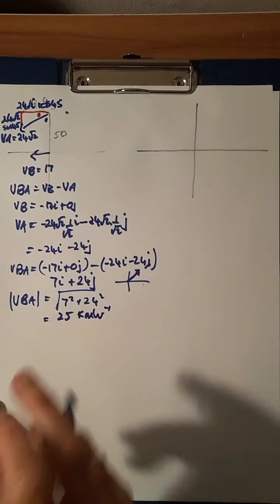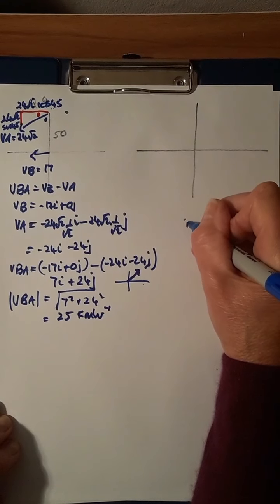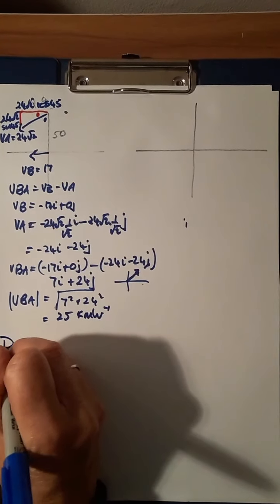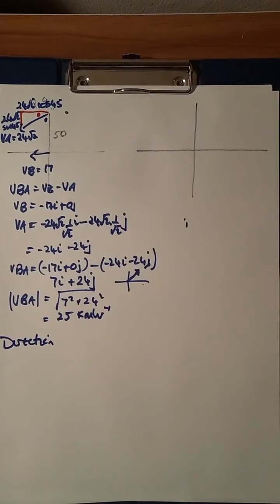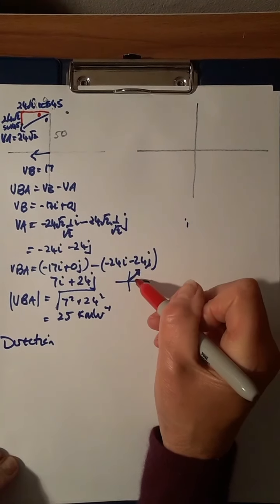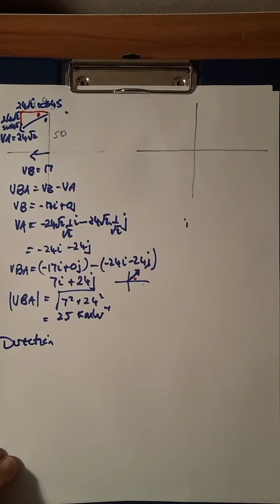Now the direction that it's going in, let's do that next. The direction, I'll do that down here. Okay, so here it is, that's the vector. This is the angle that it makes with the positive sense of the I-axis. So I'm going to find the value of that angle.